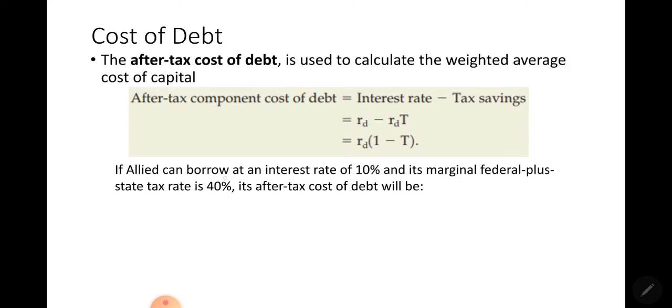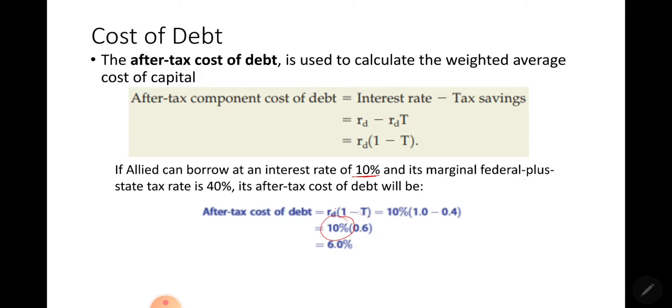If Allied can borrow at an interest rate of 10% and its marginal federal plus state tax rate is 40%, its after tax cost of debt will be, simply, you have to plug in the values. RD is the before tax cost of debt, so that is 10%.